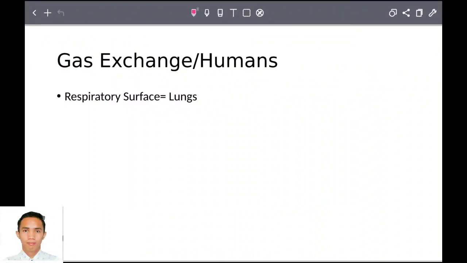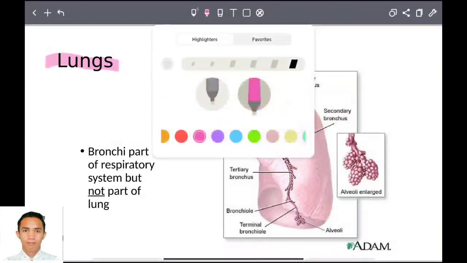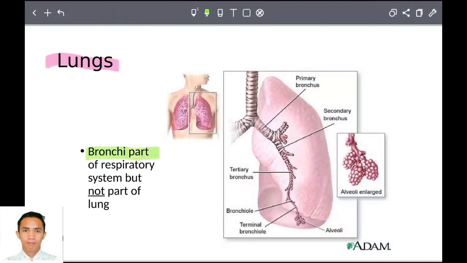Gas exchange for humans. Respiratory surface: lungs. For humans, we have this organ we call the lungs. The bronchi are part of the respiratory system, but not part of the lungs.